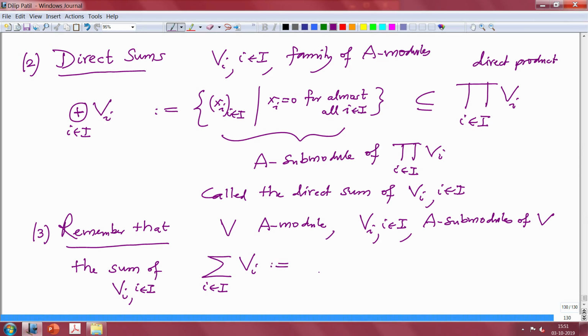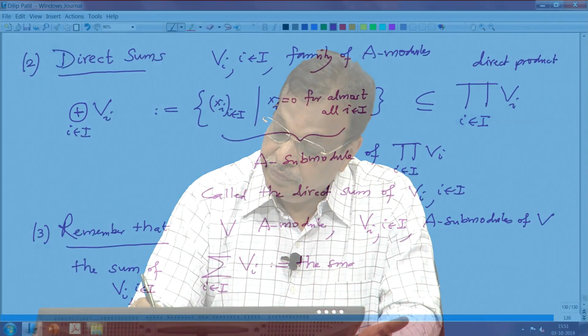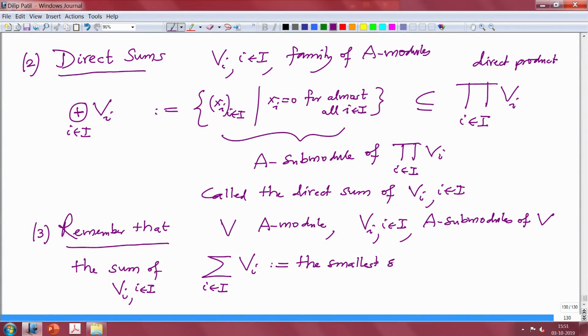Well, the definition is, it is the smallest submodule of V which contains all Vi. And what is the element-wise description?